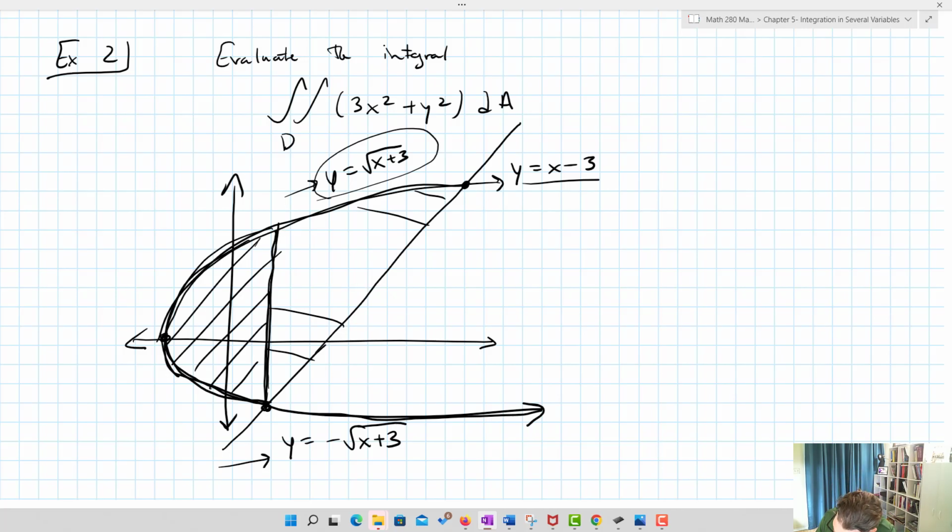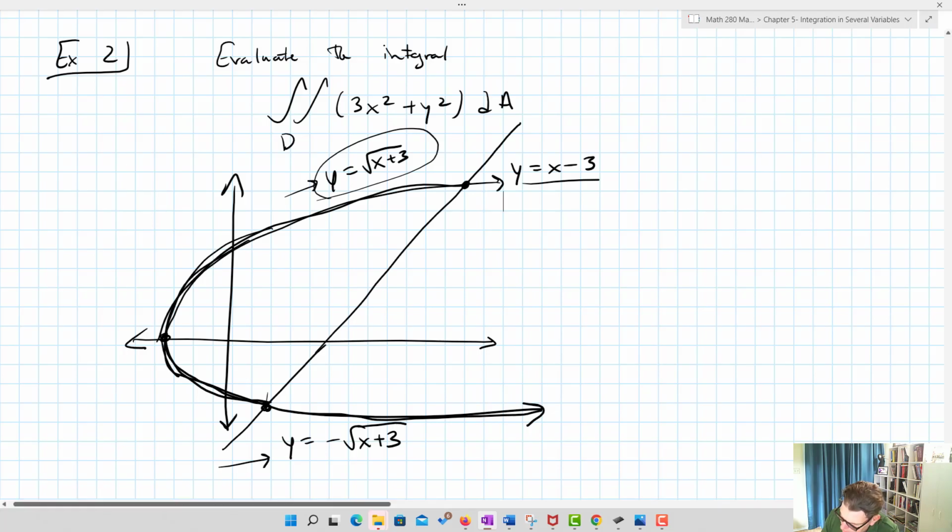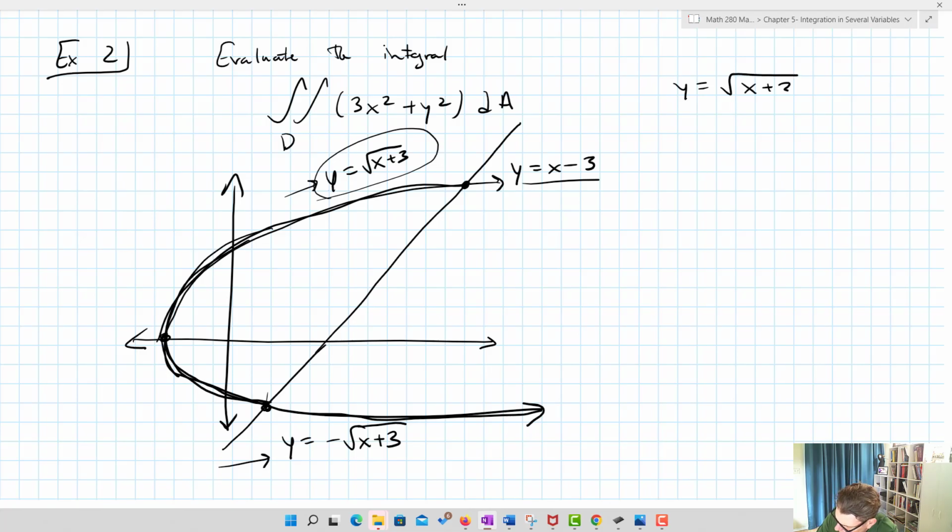So instead, let's look at what happens if we think about it as a type 2 region. As a type 2 region, I've got y equals the square root of x plus 3, so y squared minus 3 equals x. And then y plus 3 equals x.